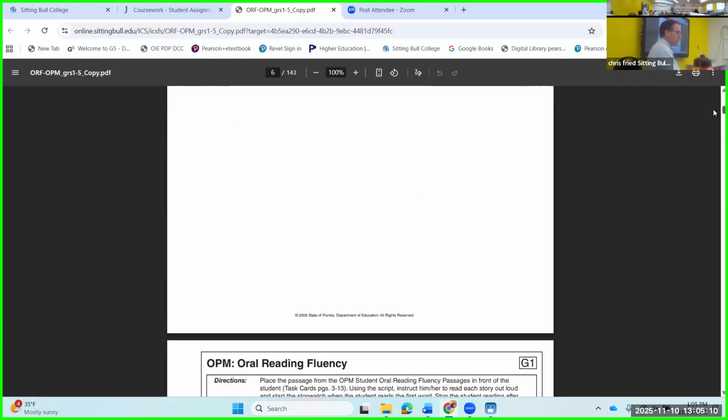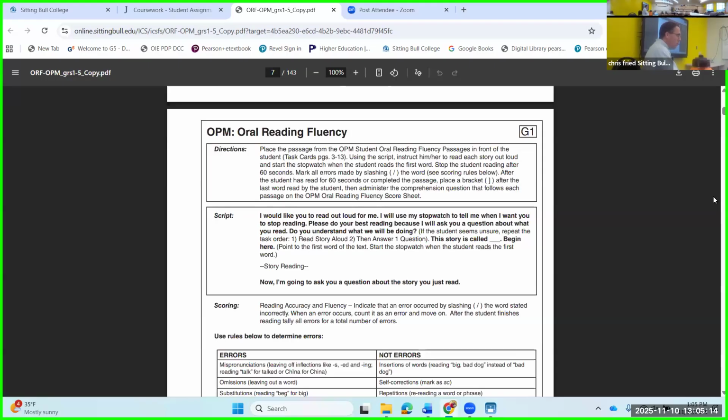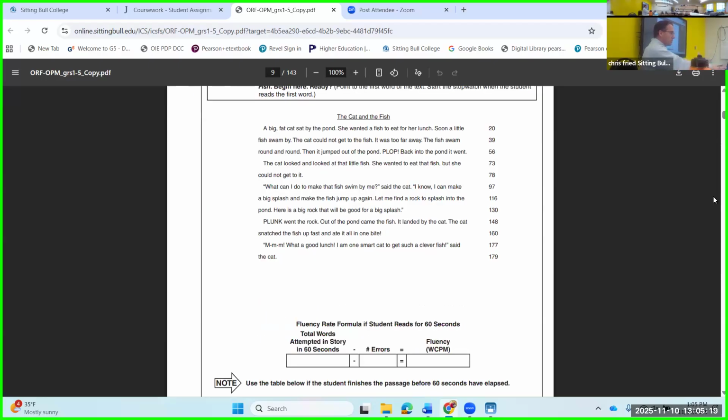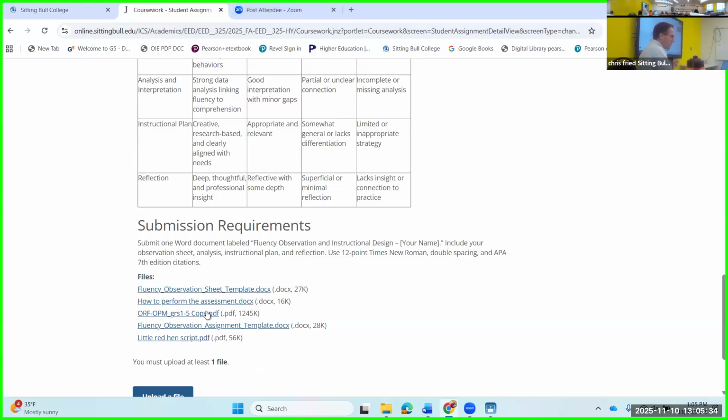If you want me to print a passage out for you, I can do that, or you can have whoever you're working with read it off here. Any of the stuff you need, just let me know.